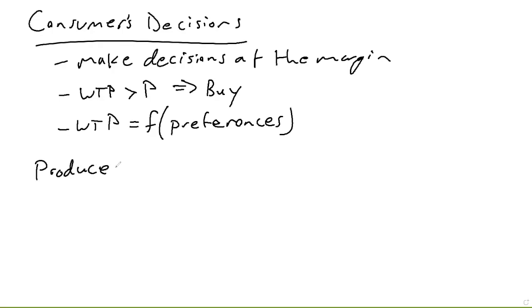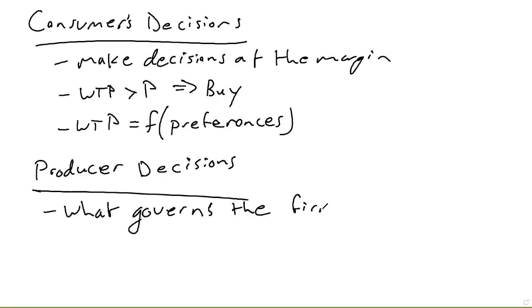However, we haven't talked much about producer decisions. So in this video, we want to dive into what things govern the firm's decisions and their other behavior. So we'll quickly revisit something we stated in one of the very first lectures, and that's that any firm's goal is to maximize profit.